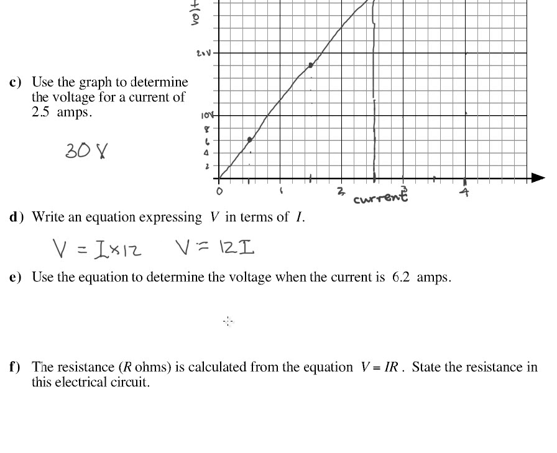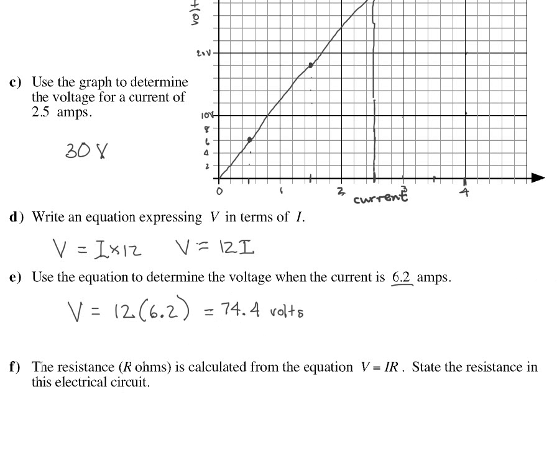Use the equation, they say, to determine the voltage when the current is 6.2 amps. Okay, well, voltage is 12 times, and our current is 6.2. 12 times 6.2 is 74.4, I believe. Now, I was going to say we could check this against our graph, and quite often you can.